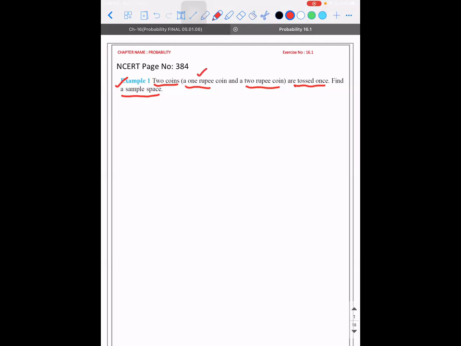So whether it is a 1 rupee coin or a 2 rupee coin, it has head and tail. This also has a head and tail. Right? When both are tossed simultaneously, what are all the possible outcomes? So I'll write it like this: first coin, second coin. You can get a head here, you can get a head here. You can get head here, tail here. Tail, head, tail, tail. Right?